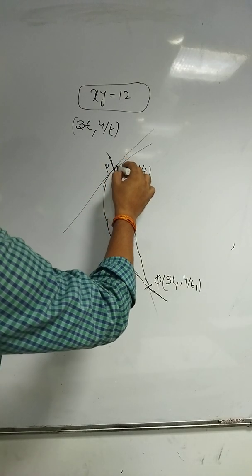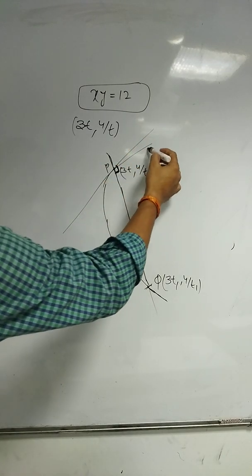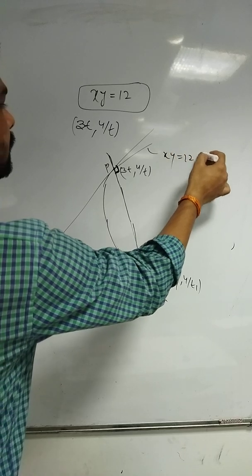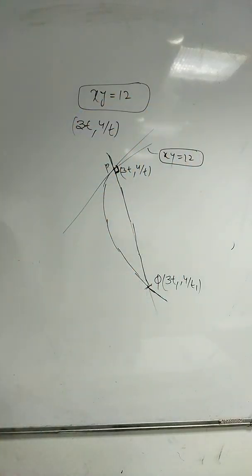This is the normal at point P. This is the curve xy is equal to 12, and we are just drawing a rough graph.